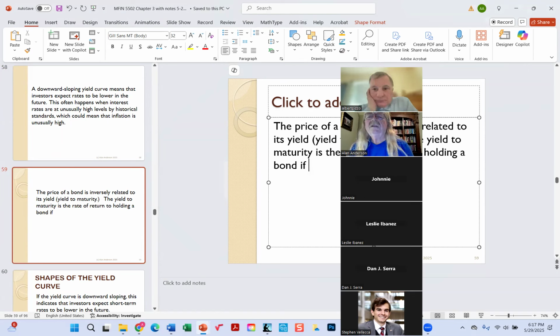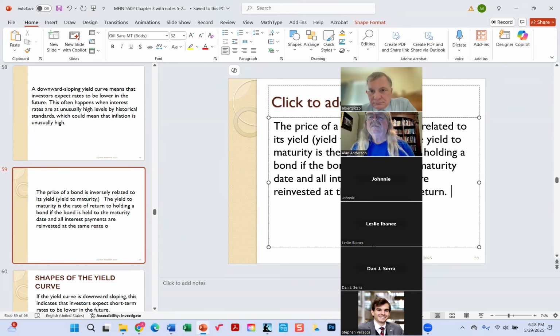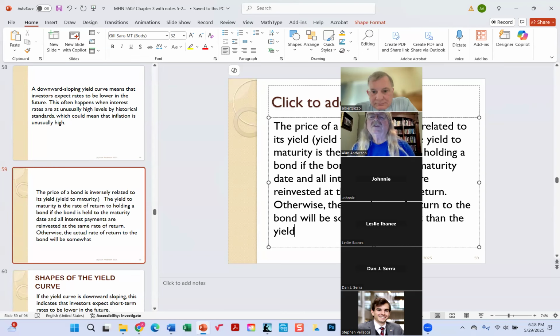If a bond is held to the maturity date and all interest payments are reinvested, you get the same rate of return. Otherwise, the actual rate of return to the bond will be somewhat different than the yield to maturity of the bond.